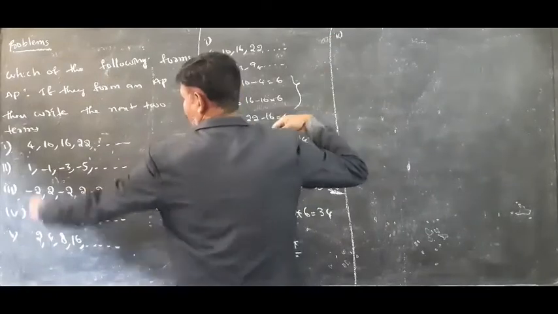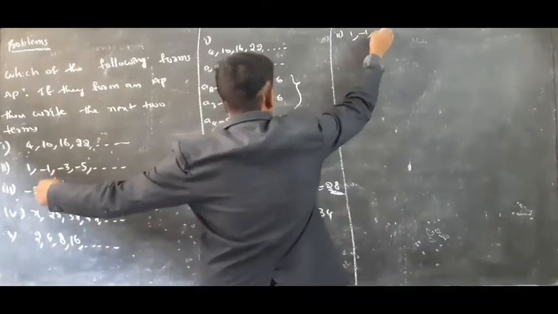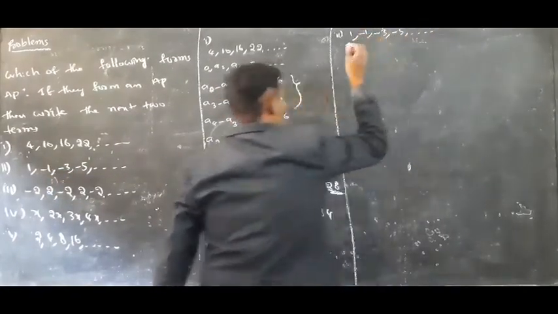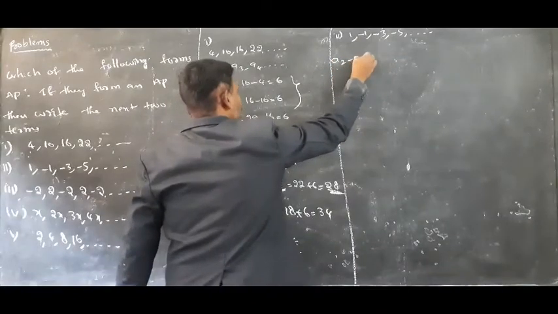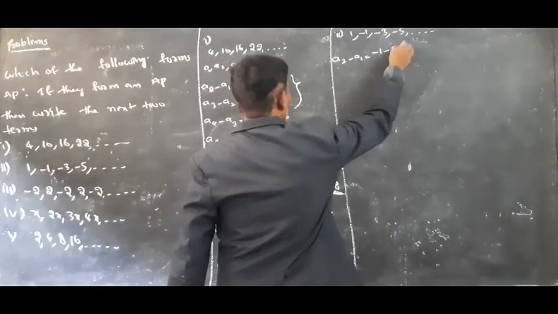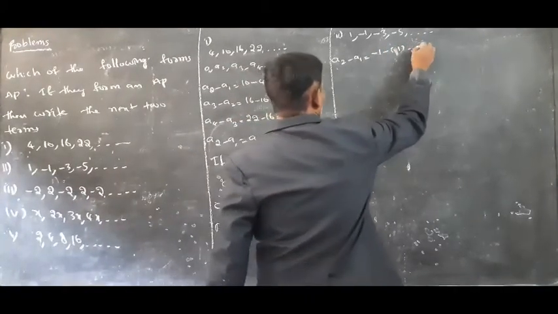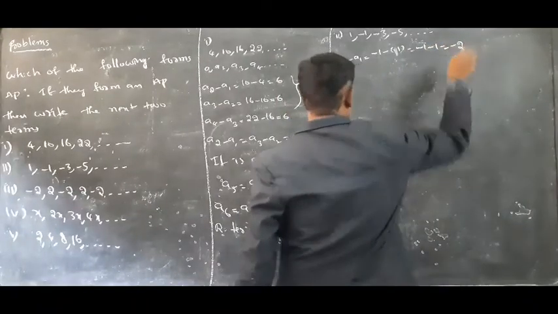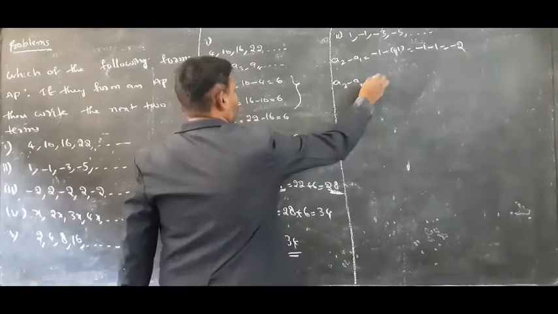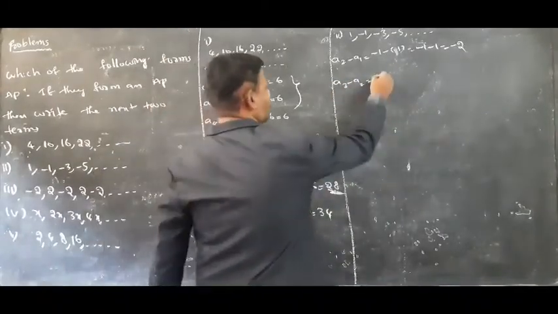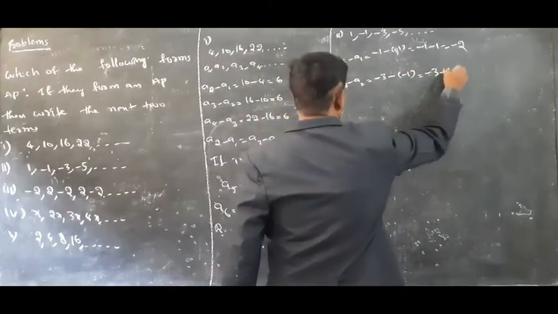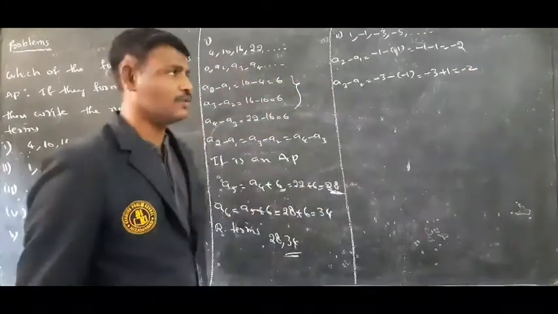What about the next question? Second question. 1, minus 1, minus 3, minus 5, and so on. Here A2 minus A1. A2 means the second term. What is the second term here? Minus 1 minus of minus 1 is equal to minus 2. Similarly, A3 minus A2, minus 3 minus of minus 1 is equal to minus 3 plus 1 is equal to minus 2.